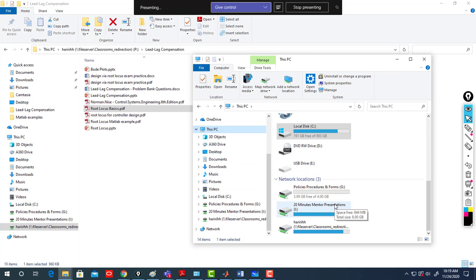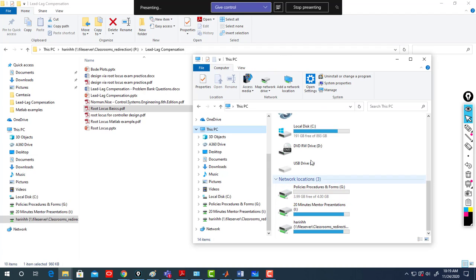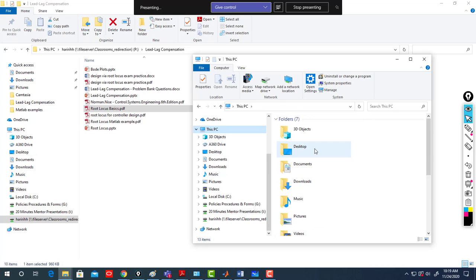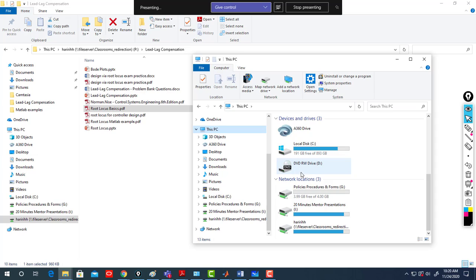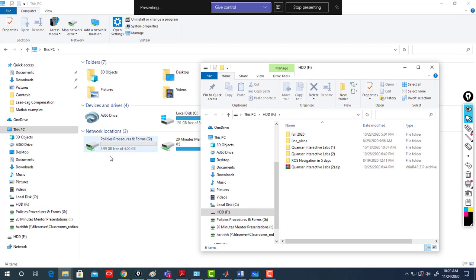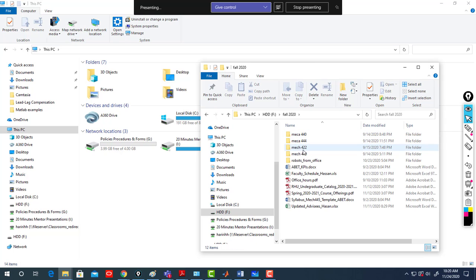I should. Okay, this is my hard disk. Let me. Okay, this is my.